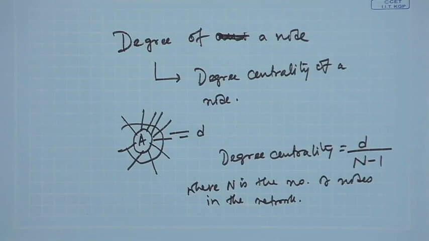So, basically what you are doing is expressing the degree of a node as a fraction of the maximum possible degree of a node. In all, a node can be connected to N minus 1 other nodes if there are N nodes in the system. So, if the node has a degree d, then you are expressing this d as a fraction of N minus 1, and that is the degree centrality of a node in a network.